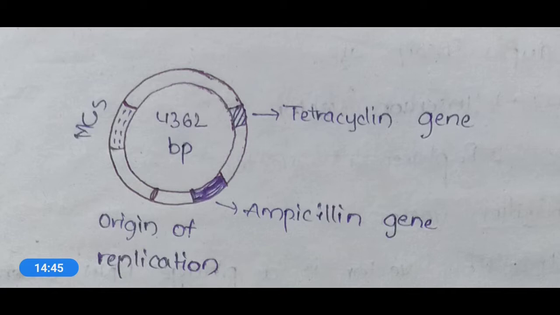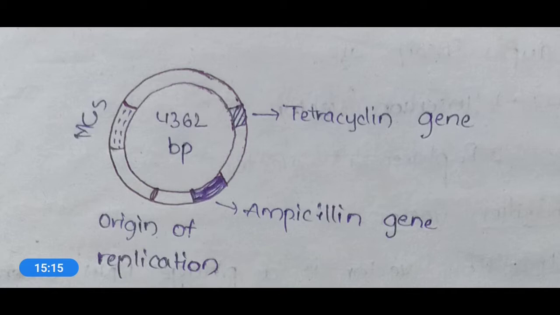The other one, ColE1, is a Col plasmid. This Col plasmid codes for the bacterial toxin colicin, and this will inhibit different closely related strains of bacteria.